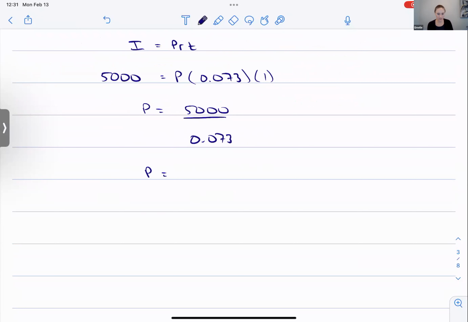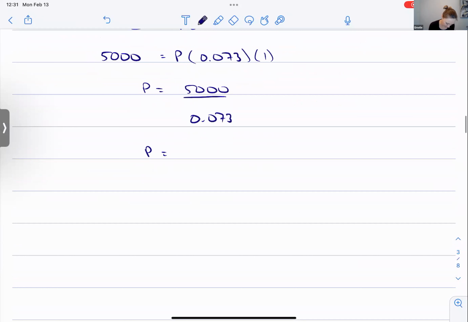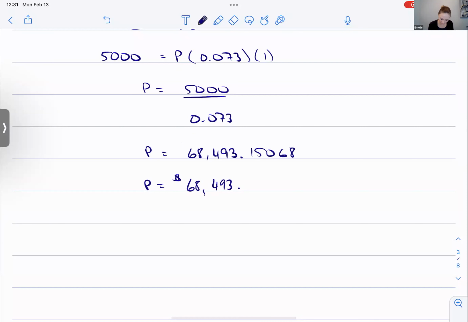So 5,000, let's see here. Looks like I have it. So I'm just going to jot it down here. 68,493.15068. You know what? I'm not going to put the $ on yet. It's not money until I round it to 2 decimal places, right? And so P is, I mean, it is, but just be careful, 68,493 and 15 pennies.